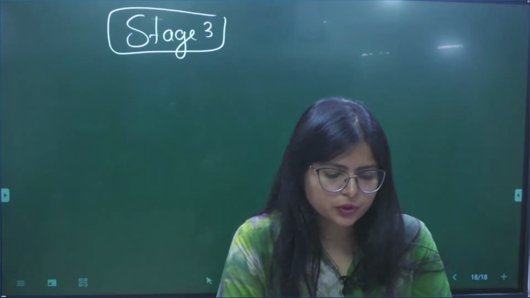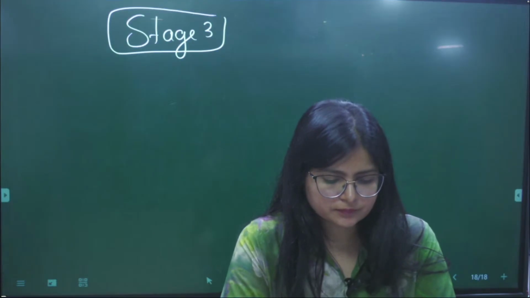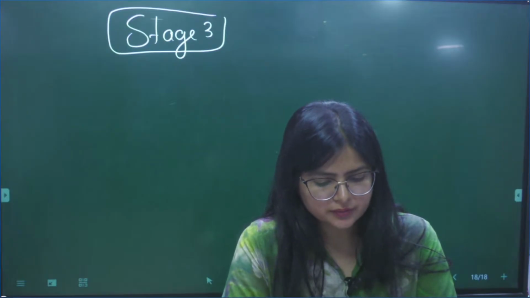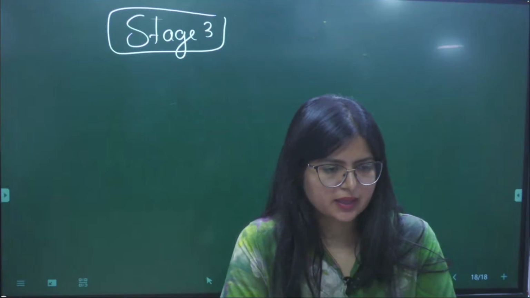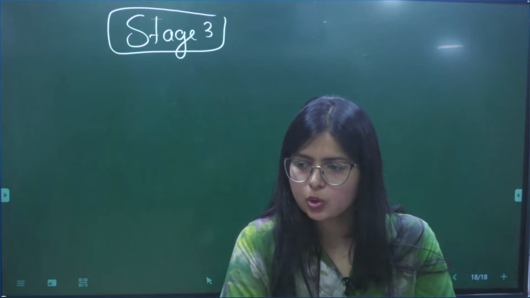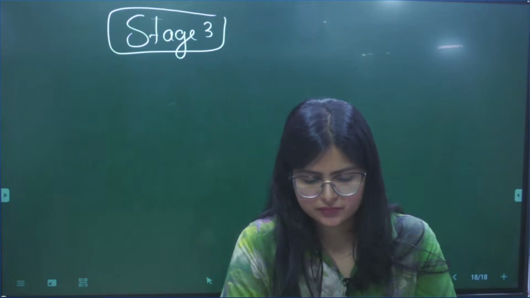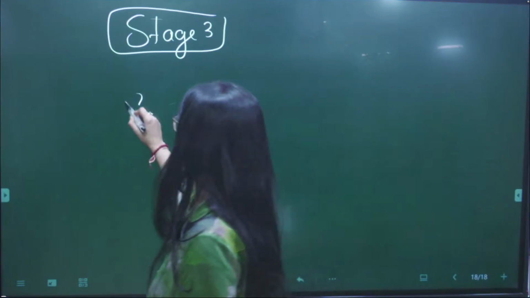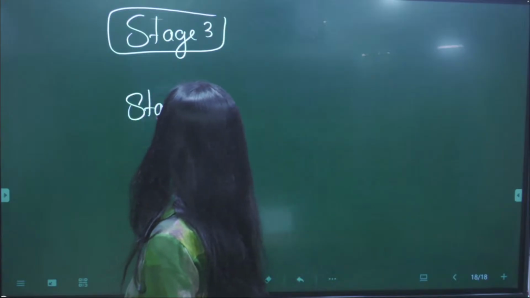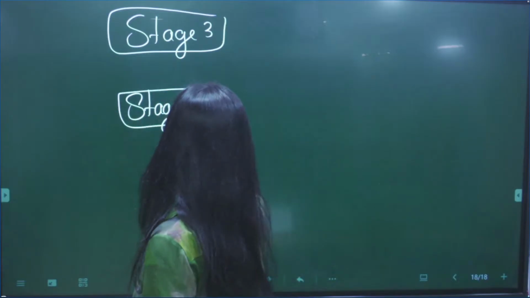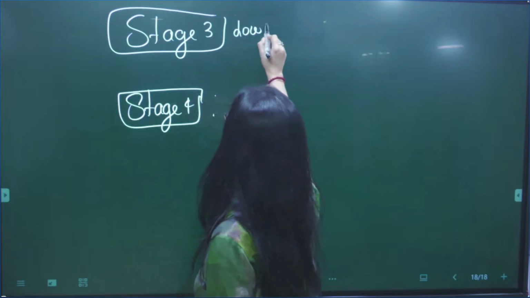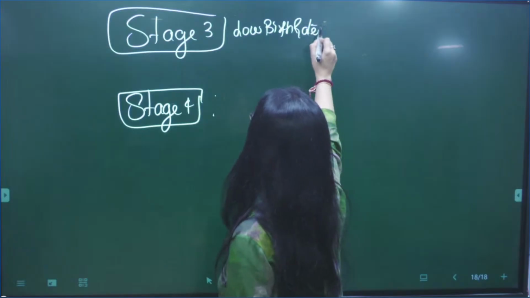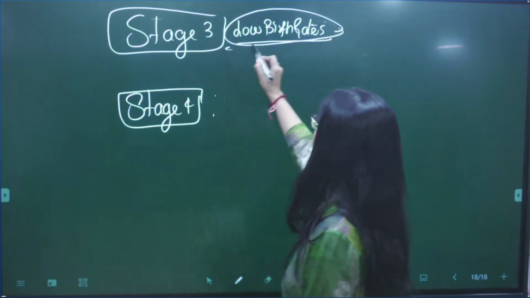Write down stage 4. During stage 4, there are both low birth rates and low death rates. Here you have low birth rates because of awareness and contraception.